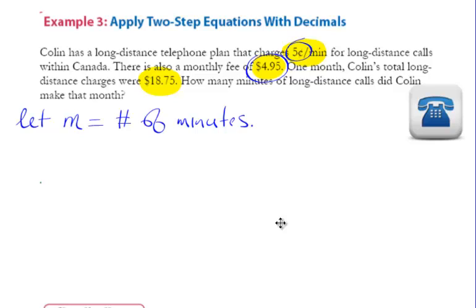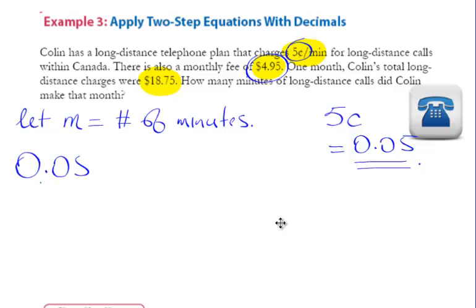However, we've also got a $4.95 and we've got an $18.75, don't we? So what we need to do, that 5 cents per minute, we need to change that into its decimal form in dollars, 0.05. Now, if we speak for M minutes, the charge for M minutes is going to be 0.05 times M. Okay, so the number of minutes M times 5 cents is giving us the total charge.